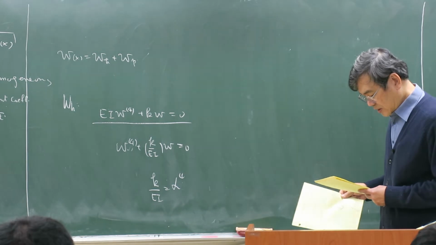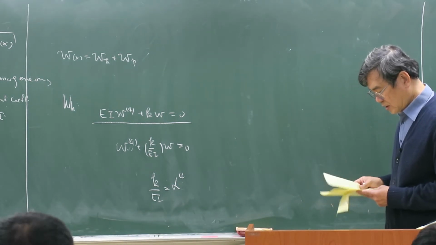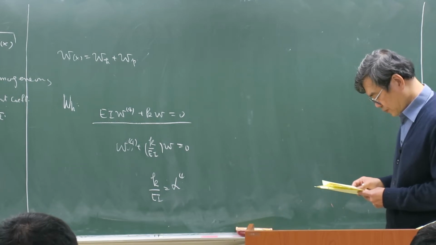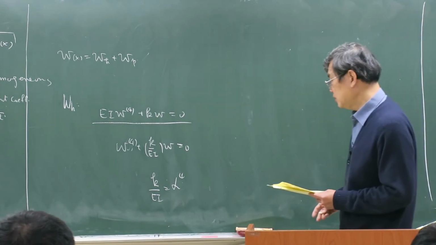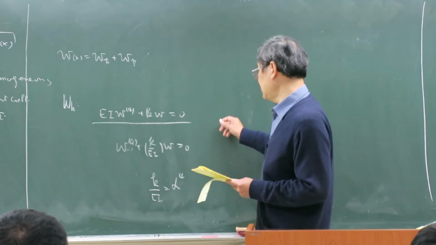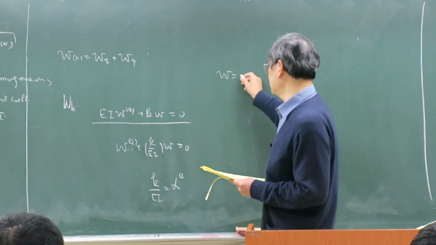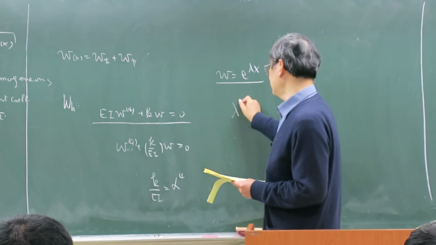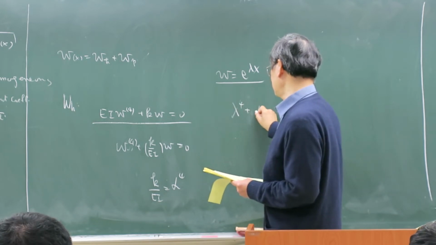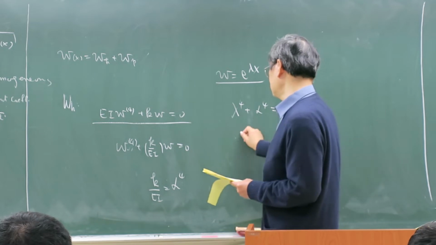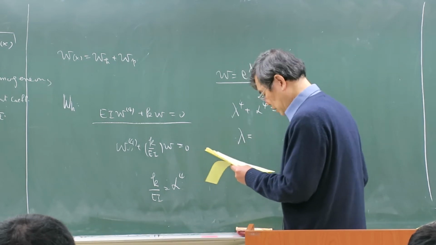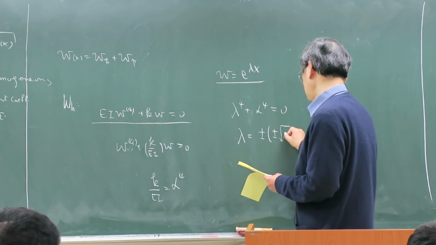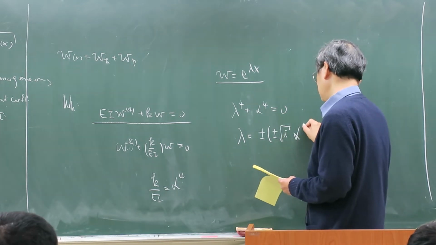And later on we introduce mu, right? And for this one, my solution W equal to exponential lambda x, and I will have lambda to the 4 plus alpha to the 4 equal to 0. So lambda is equal to plus minus square root of i and alpha.